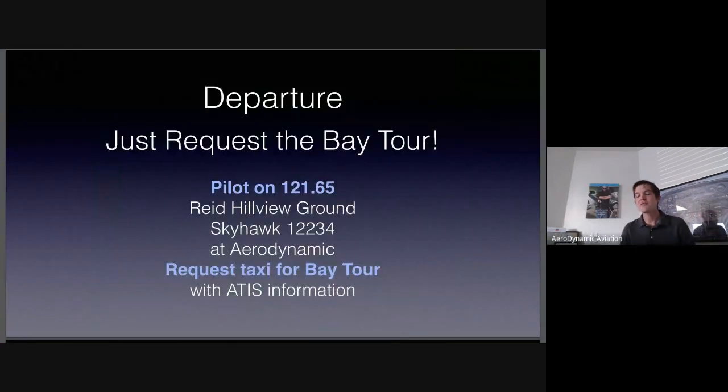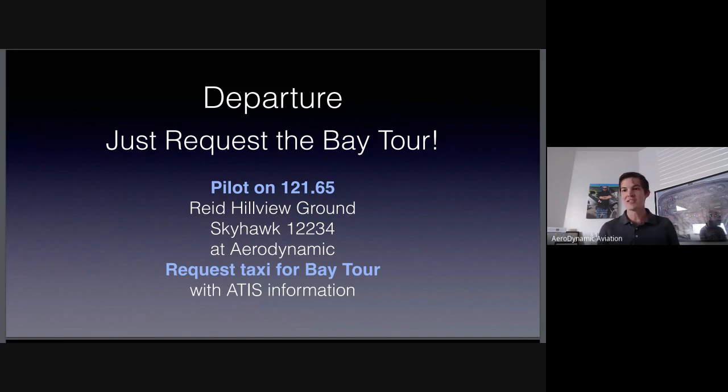So when it comes to actually departing on the bay tour, it's as simple as just requesting the bay tour. So for our purpose here, starting at Reid-Hillview, we can just tune up to ground, and as we're getting ready to taxi, it's as simple as just giving your call sign, letting them know where you are, and requesting taxi for the bay tour, and of course giving your appropriate ATIS information as well.